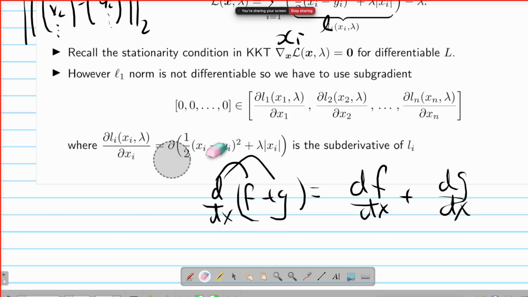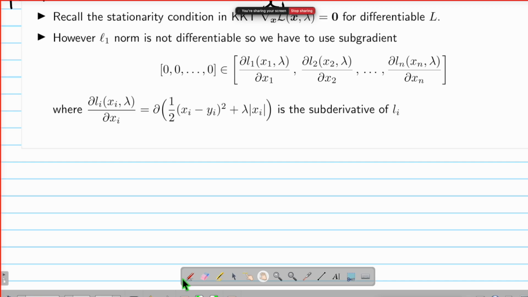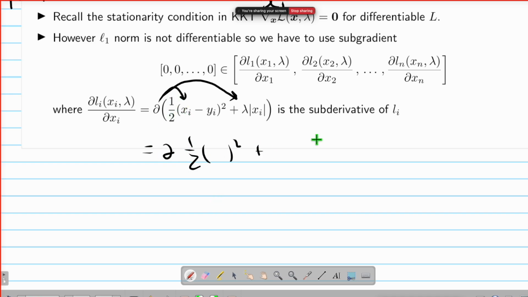This is not true for the sub-derivative, because in some situations you can't do that. The process behind it is some master's level, PhD mathematics. Don't underestimate it. This is not true in general, but now you can, so I can do this.